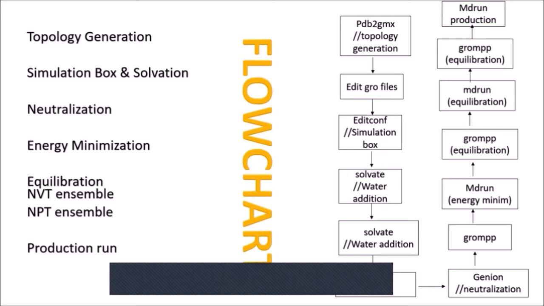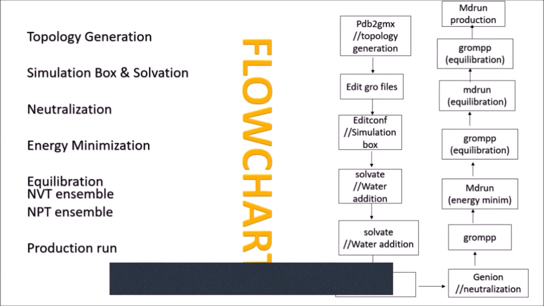We keep such systems in a simulation box and solvate them, because it would be in a solvated state. We neutralize it: if there are extra charges, like a positive charge, we add chloride ions in place of the solvated water molecules.